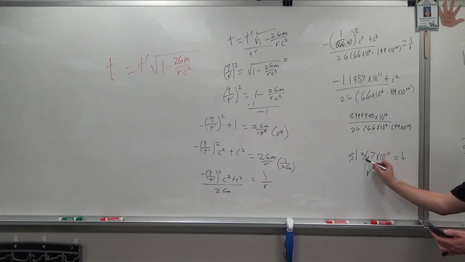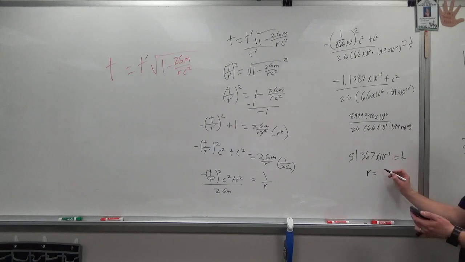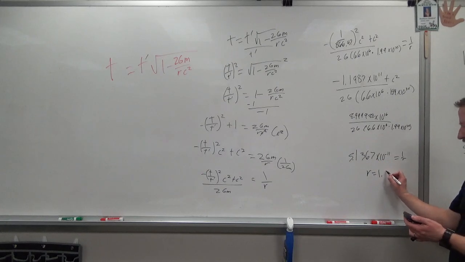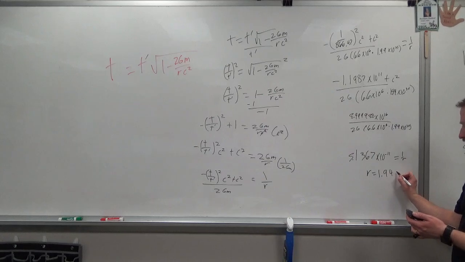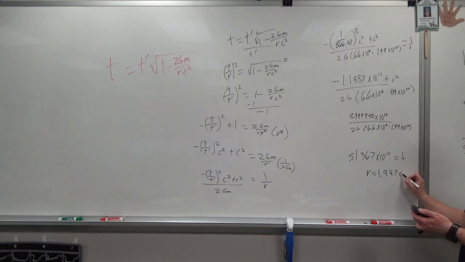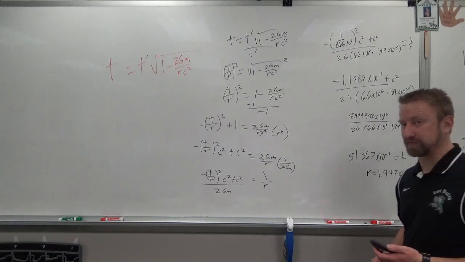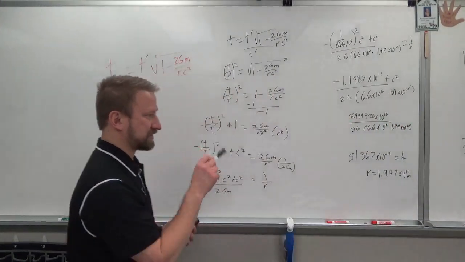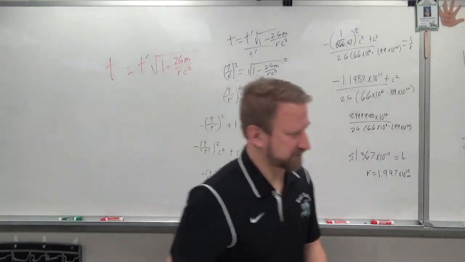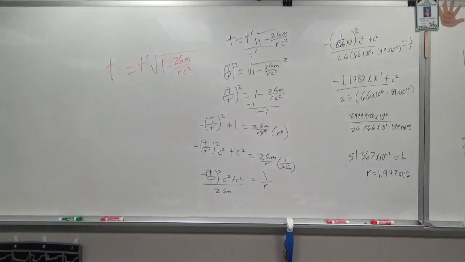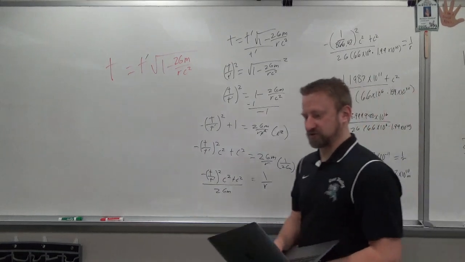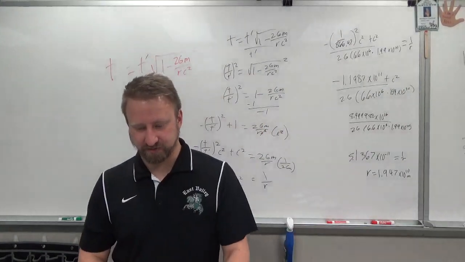So I have 1 divided by this number, giving me a radius of 1.947 times 10 to the 10th meters. And when I looked it up, that I believe was the answer that I got. I'm going to double check.